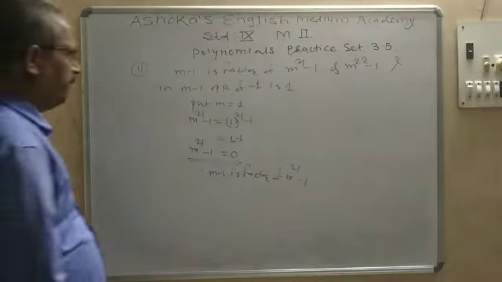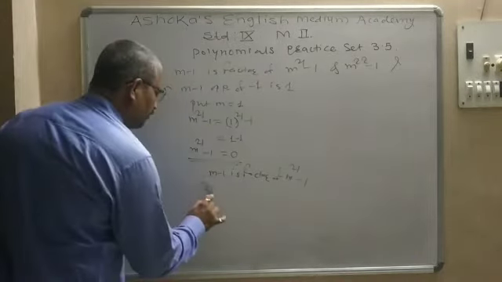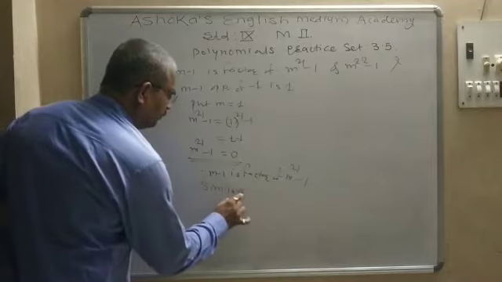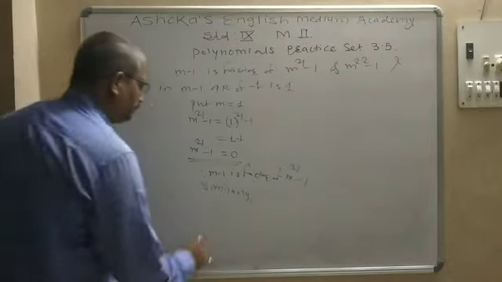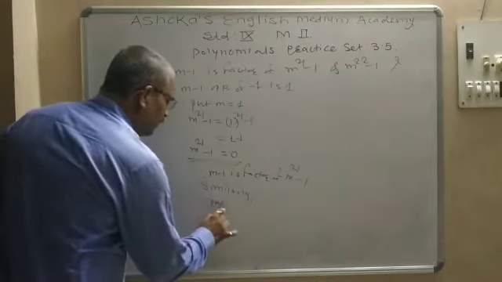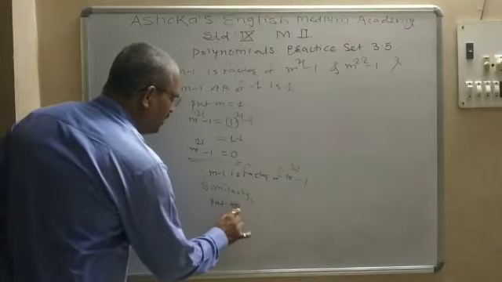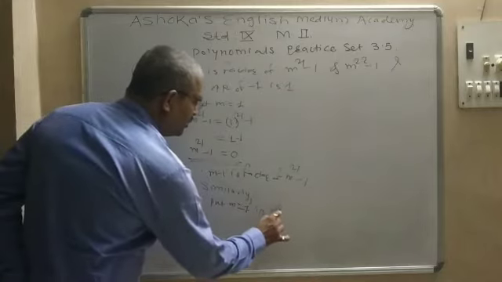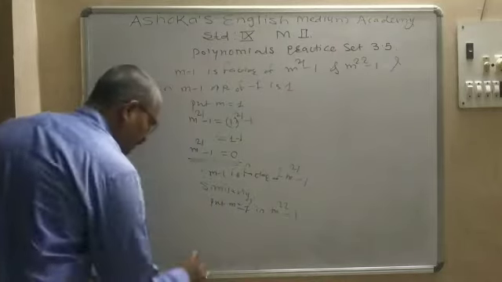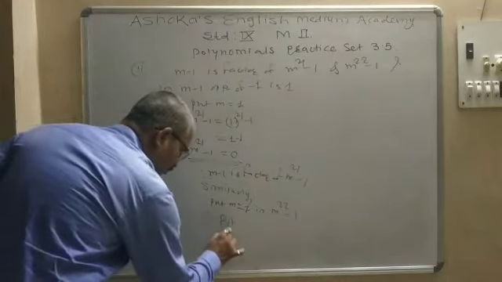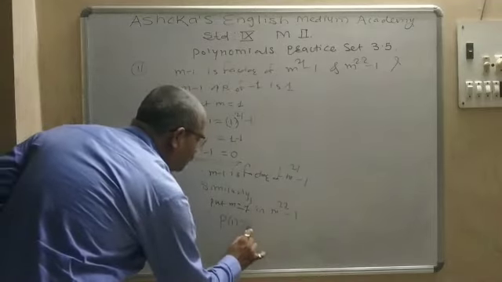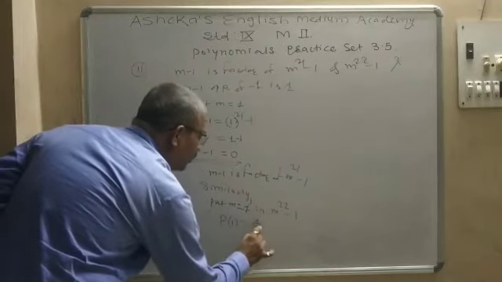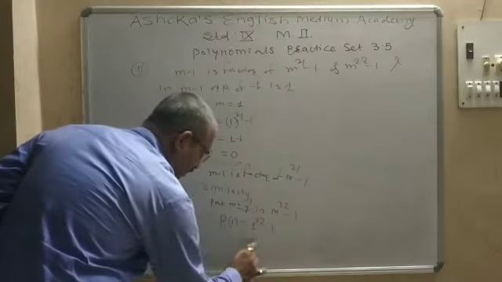Now, in the same way, put m is equal to 1 in m raised to 22 minus 1. Therefore, p(1) is 1 raised to 22 minus 1.